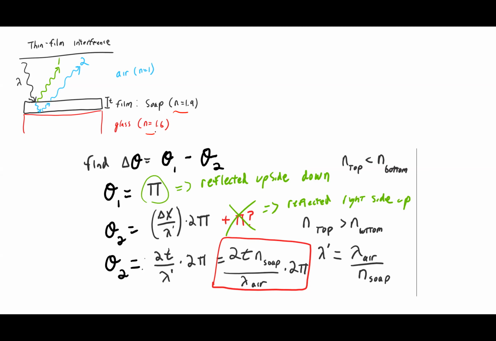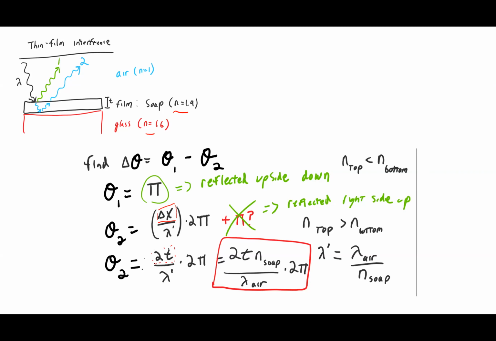However, wave 2 does travel an extra distance. So wave 2 is going to experience a phase shift from traveling extra distance compared to wave 1. Our expression for phase in terms of path difference was the extra path traveled over the wavelength times 2 pi. The extra path traveled is kind of easy. That's just twice the thickness of the film, right?